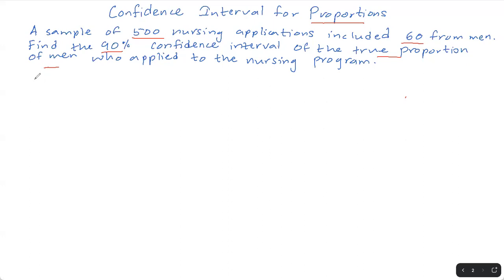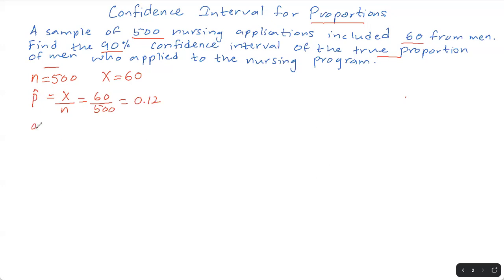So let's look at the information here. The sample size is 500. As you can see, the characteristic of interest is the number of men who applied to the nursing program. So here that number is 60. And then you know how to calculate the sample proportion, which is p hat equals x over n. 60 over 500, which is 0.12.